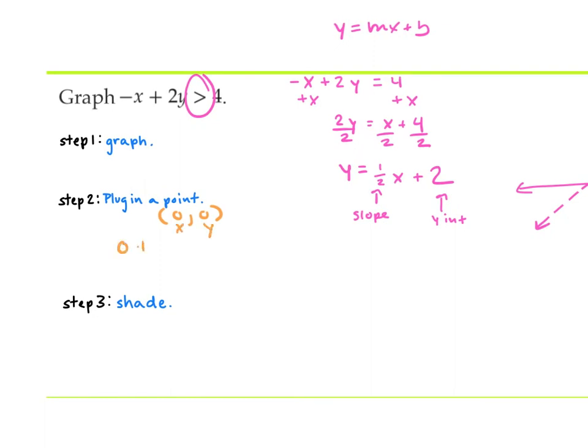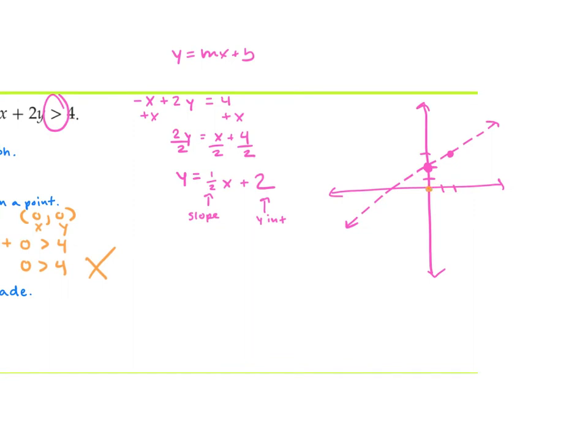So we have 0 plus 0 is greater than 4. Is 0 greater than 4? No. So this does not work. So since we plugged in 0, 0, are we going to shade above or below our line? Above. So we're shading up here.